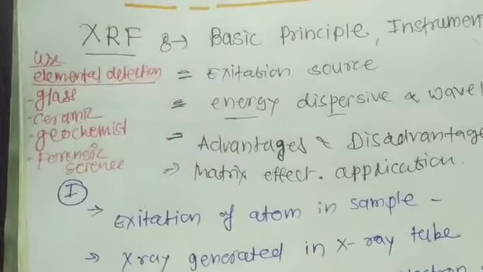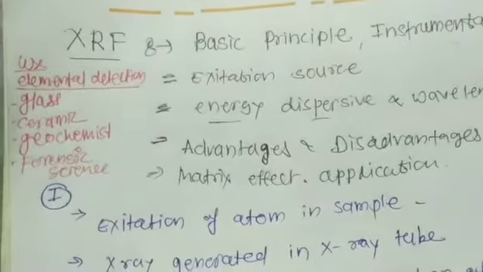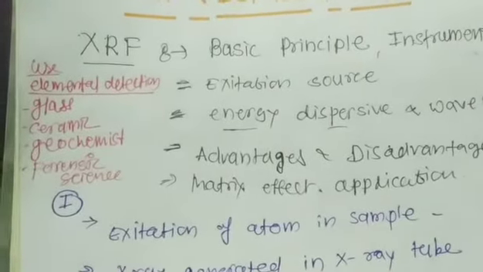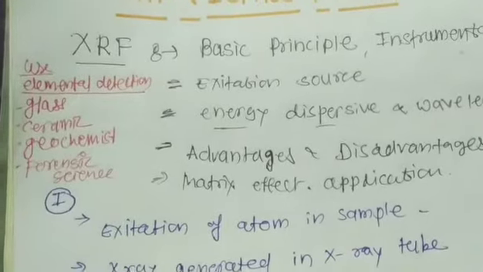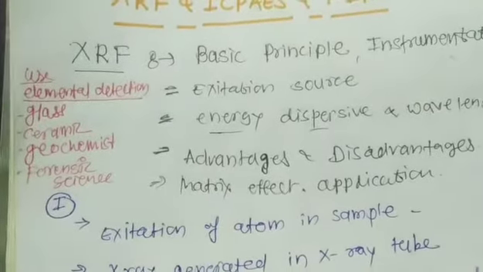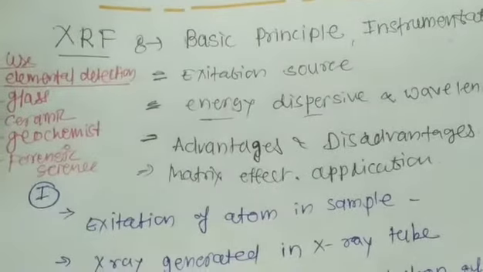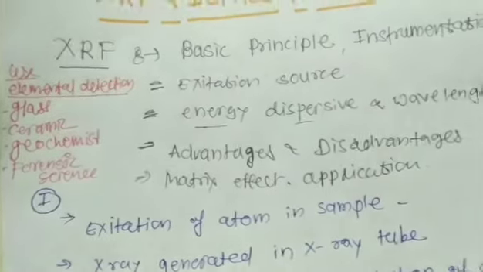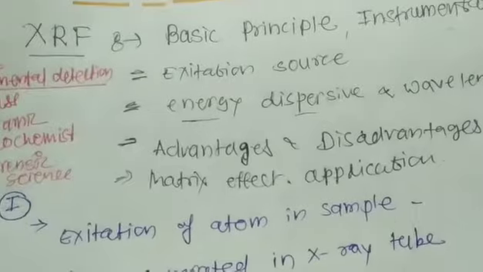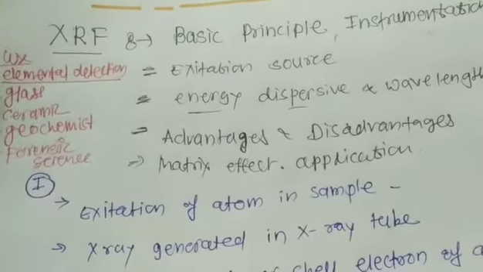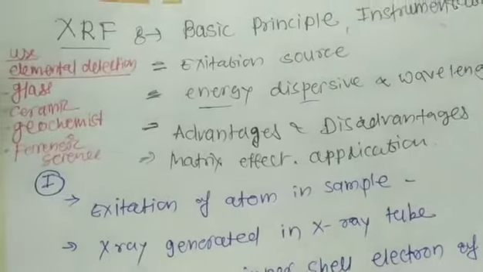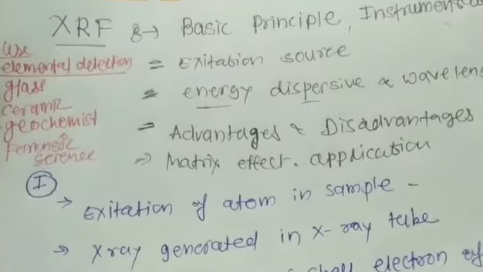In agriculture, X-ray fluorescence is useful for determination of trace elements in plants and food. Also, we detect insecticides in fruits and leaves, and characterize soils. So these are the general uses of XRF in agriculture.